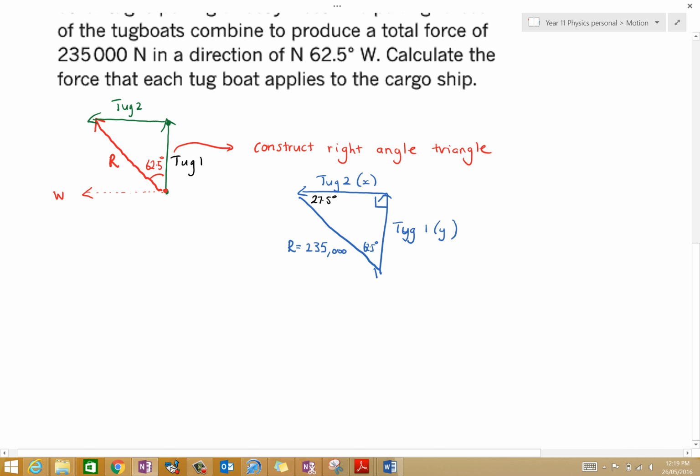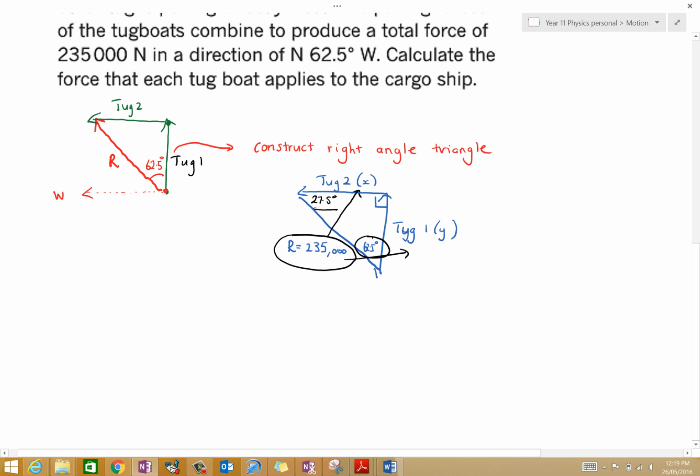Using trigonometry, SOHCAHTOA, I can get a relationship between the horizontal force and the vertical force. Of course, I wasn't given this 27.5 degrees. I could use that angle if I wanted to, but we're just going to use this angle, 62.5 degrees.